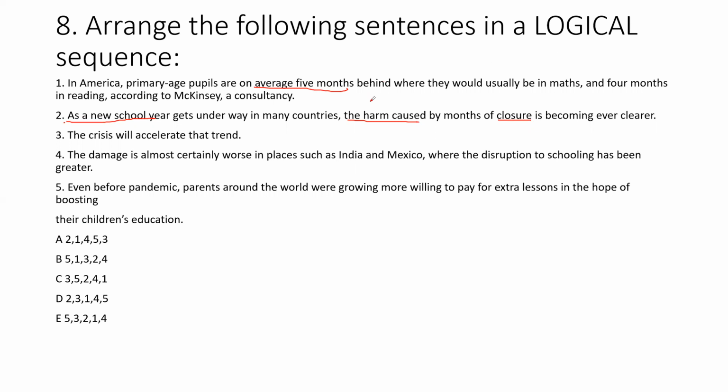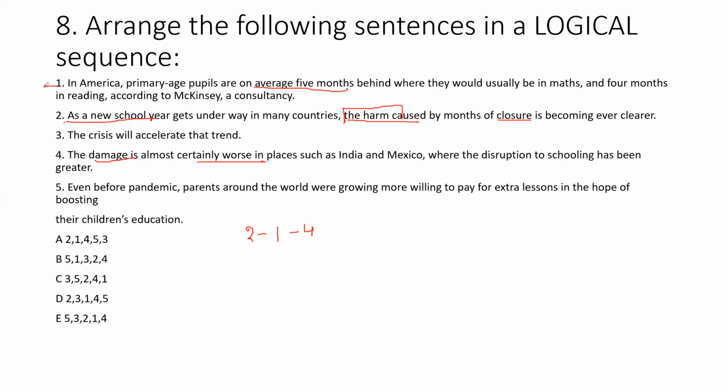If we understand, sentence 2 discusses the harm, right? And we have to understand what harm is discussed. Sentence 1 says that the students are getting behind what they used to be on average. So the harm is discussed in sentence 1, which is followed by sentence 4, where they are saying the damage is almost certainly worse in places like India and Mexico.